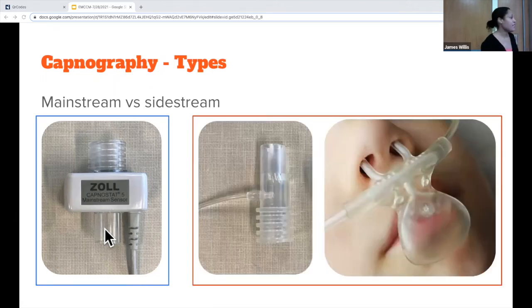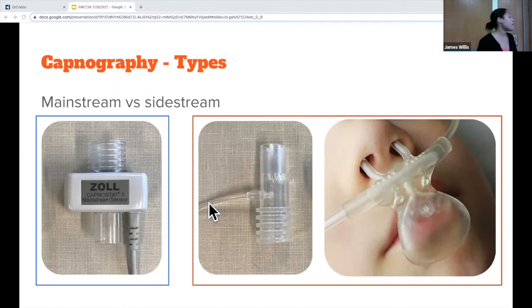Your alternative is your side stream. These are what we often use. This one can go on the end of an ET tube, just like the other one. But you've got this little tube on the side, and this long tubing connects to a pump that aspirates puffs of air as it's being exhaled and sends it to a sensor that detects the amount of CO2.